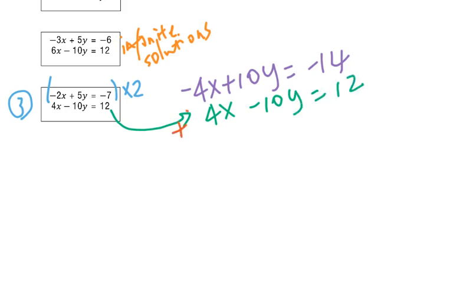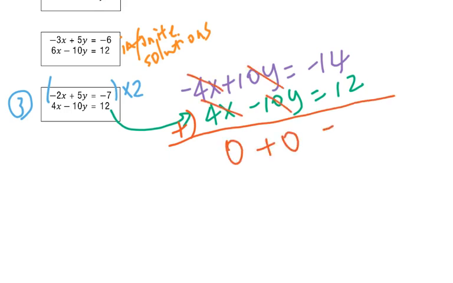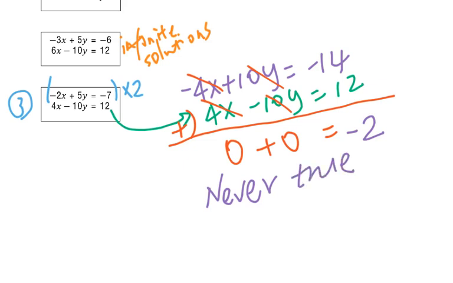And I do addition. Cancel, I got 0. Cancel, I got 0. But these two adding, I got negative 2. You know, 0 plus 0 will never be negative 2. So we call this never true. It never happens like that. That's why the solution will be no solution.